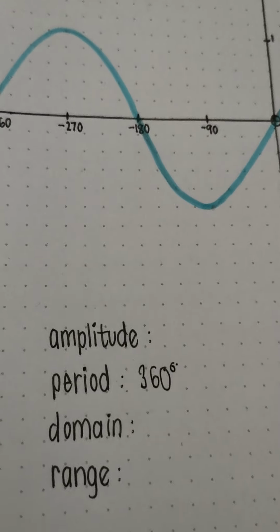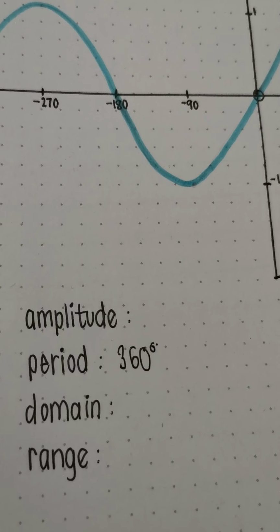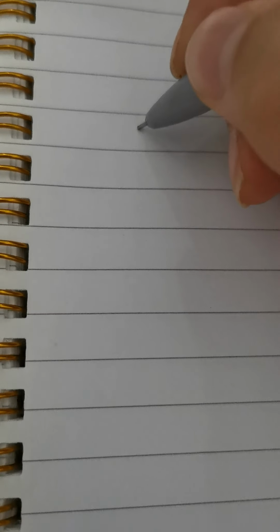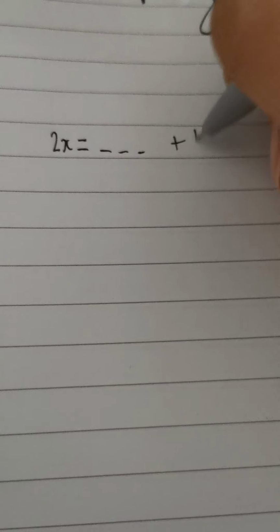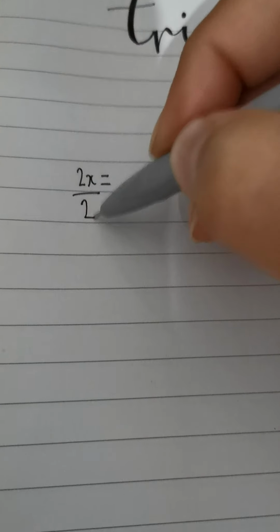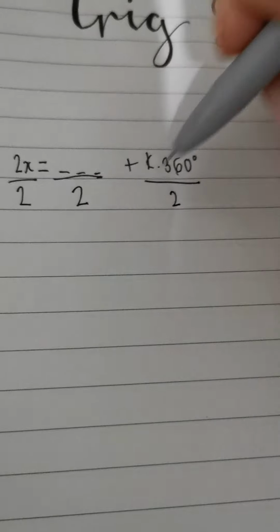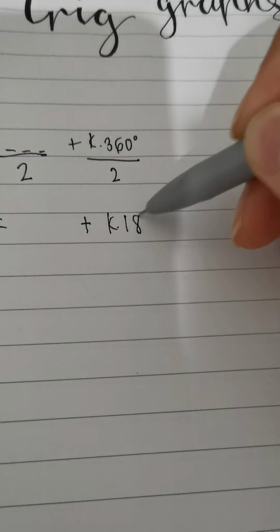And if you think back to our general solution, when we had those questions where it was 2x equals something plus k times 360 degrees, when we divided this value by 2, and divided our period by 2, you would have noticed that this gave us k times 180 degrees.